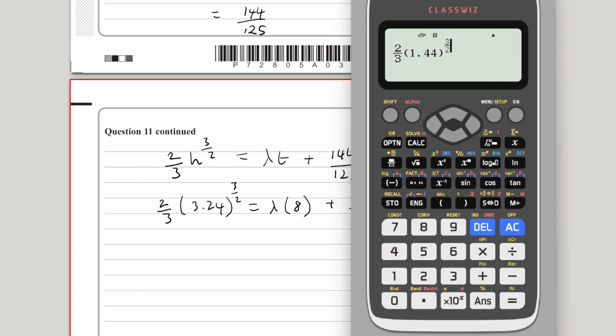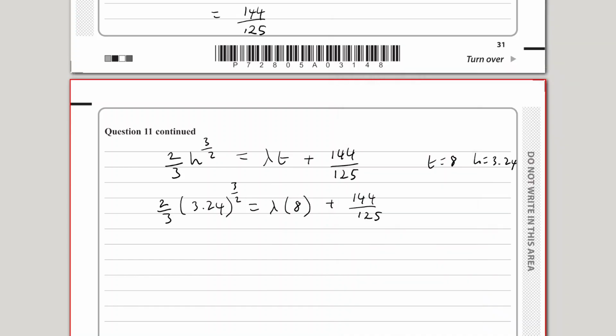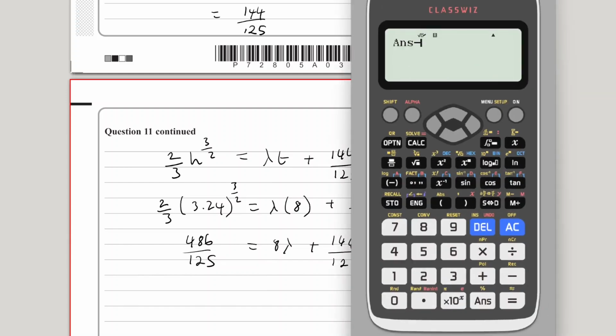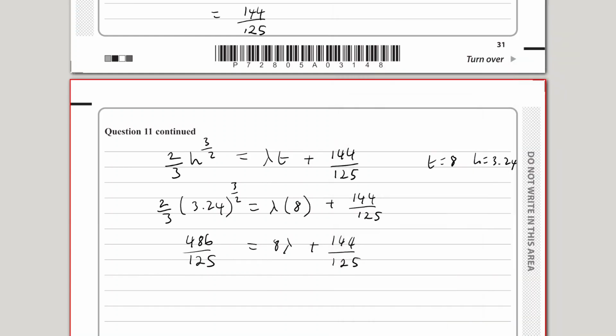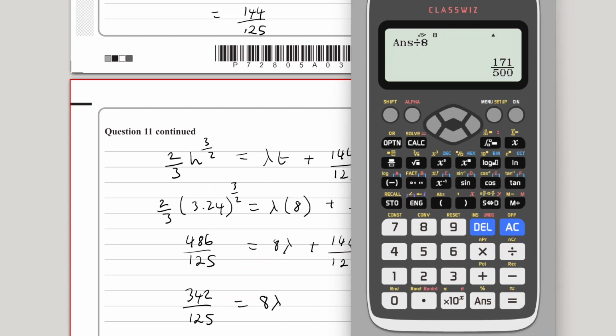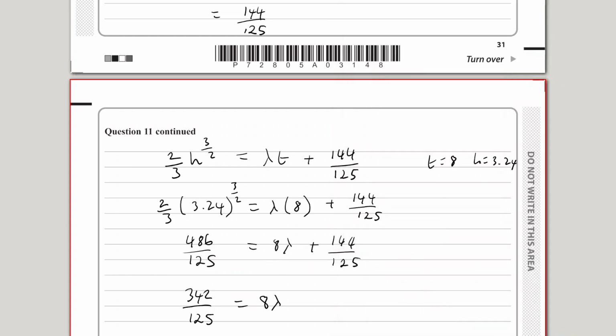So 2/3 times 3.24 to the power of 3 over 2 is 486 over 125. So take away the 144 over 125, 342 over 125 is 8 lambda. So divide by 8, 171 over 500 is lambda.